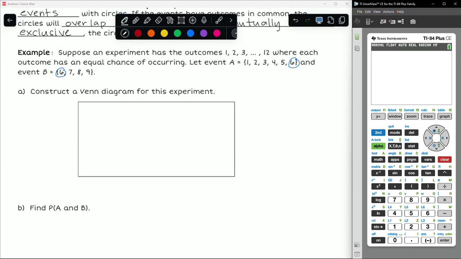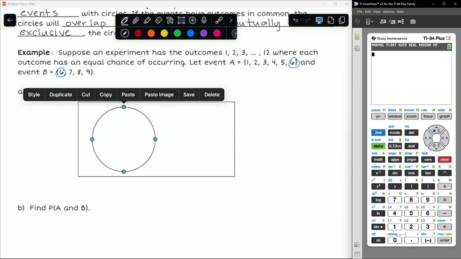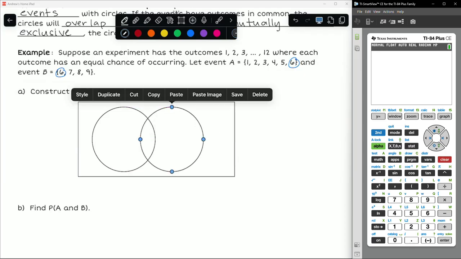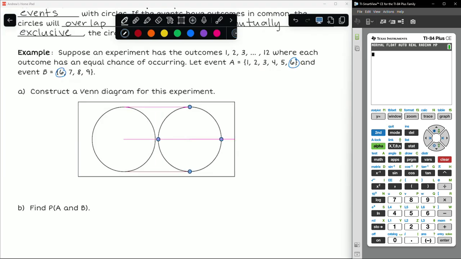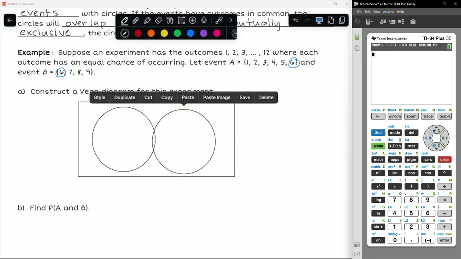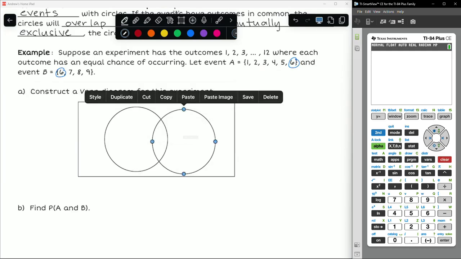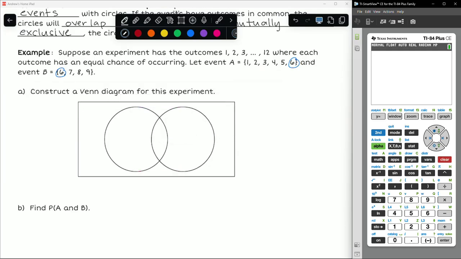So when I draw my circles, I need to make sure that those circles have overlap. There we go.